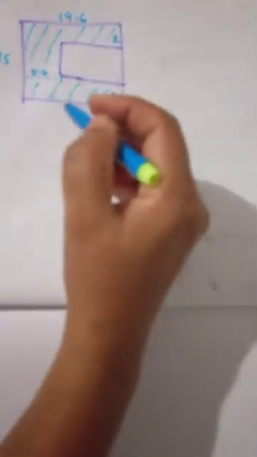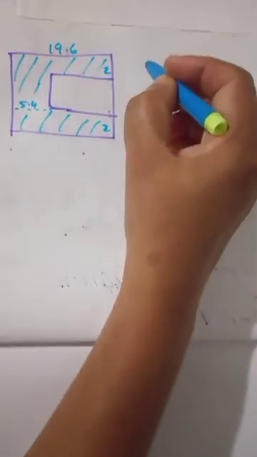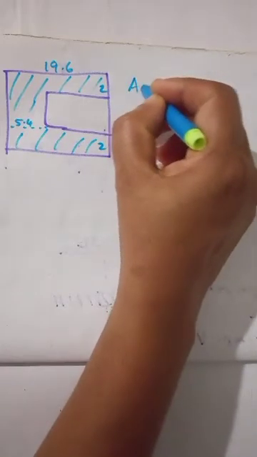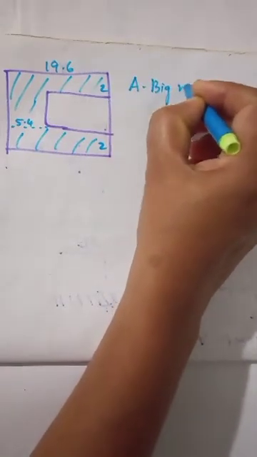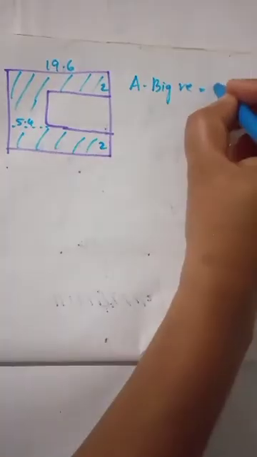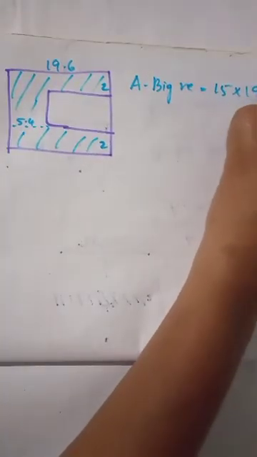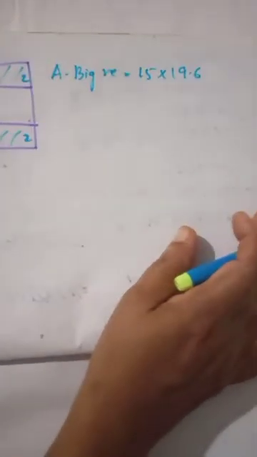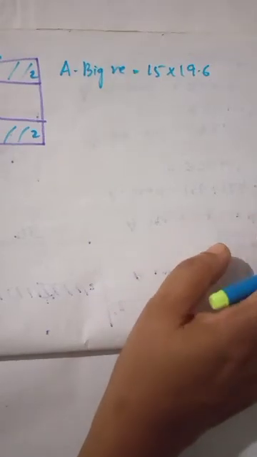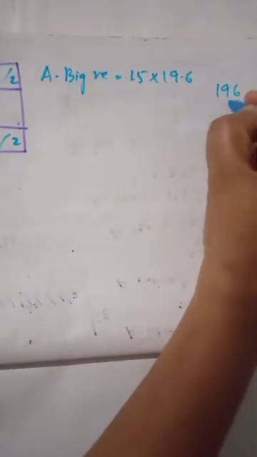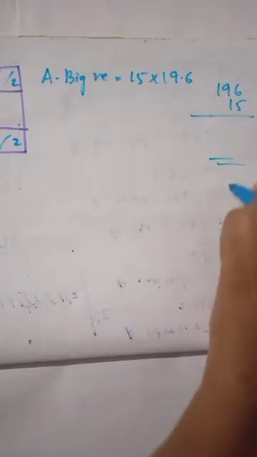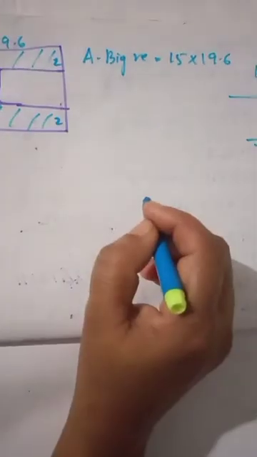Area of the big rectangle we can find minus area of the small rectangle. Area of big rectangle is equal to 15 into 19.6. We know how to multiply decimal numbers. Without the decimal, 196 multiply by 15. Then in the answer put 1 decimal point.